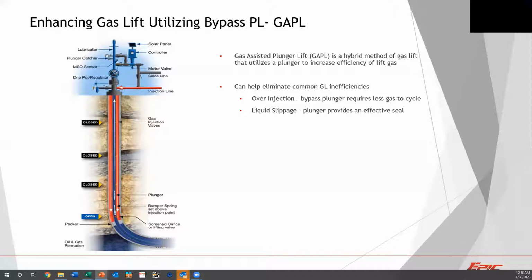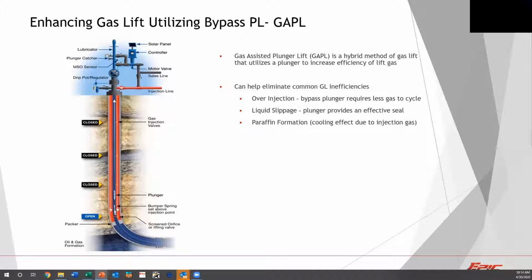The normal flow of a gas lift system is always going to be slug flow due to the injection of gas, and the plunger is able to help improve this and greatly reduce any liquid slippage that might be happening due to the slugging effects. But the big one is paraffin control. All gas lift wells will see some level of paraffin buildup due to the cooling effect of the injection gas.